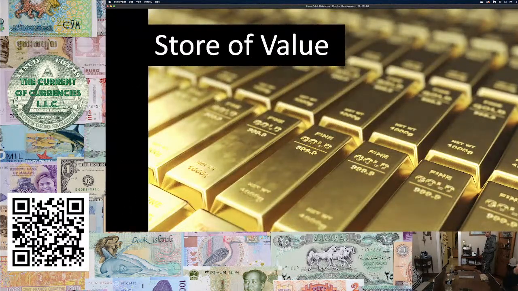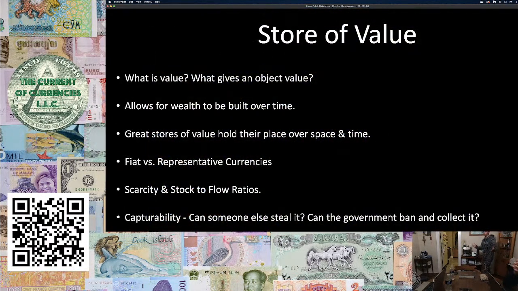Store of value. And this is an important one because we all want to be rich one day. So what is value? What gives an object value? And that is still a very loaded question, we'll say, because honestly, you can give value to anything. It's just, do you have the network to actually support it?